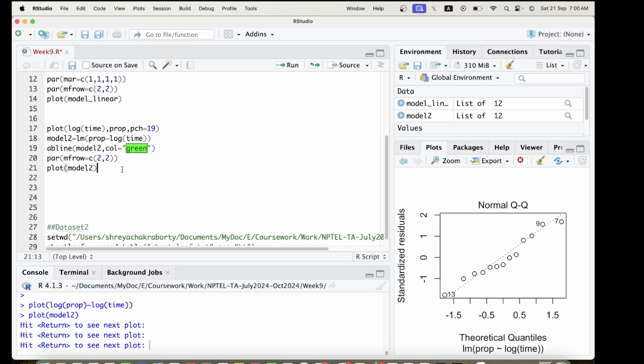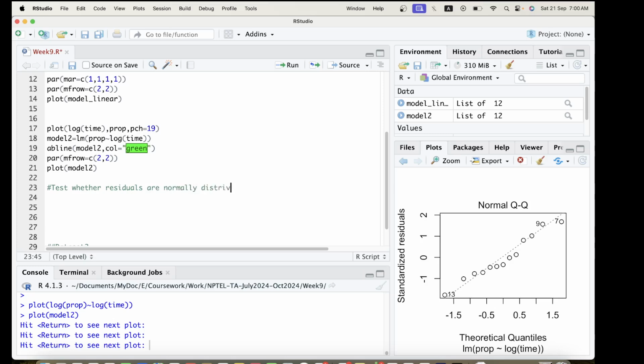We could also test whether the residuals are normally distributed. We could use the Shapiro-Wilk test. So how do we do that?